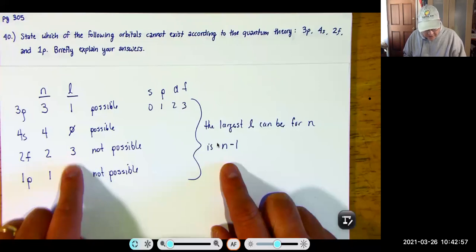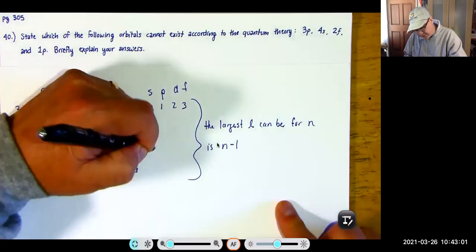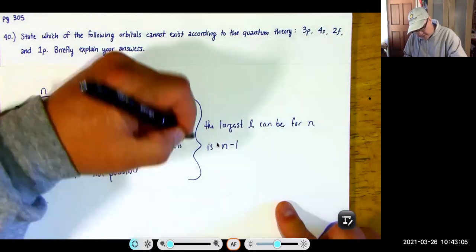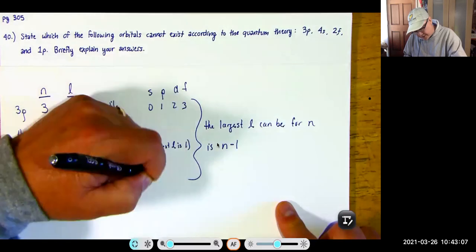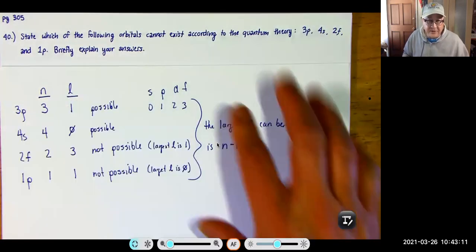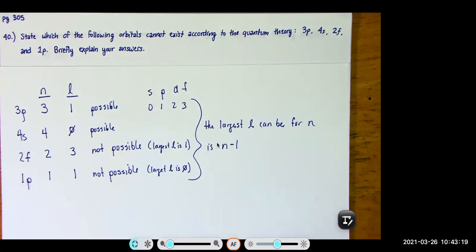The largest L can be for n minus 1, that's a 0. So here, the largest L is 1, and the largest L is 0. So that's what we're looking for when they want you to briefly explain your answer. Any questions about that? No. Okay.